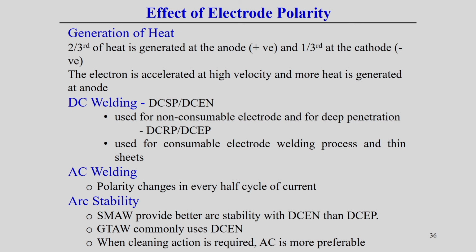So the consumable electrode should be the positive terminal and the workpiece can be the negative terminal, such that the positive terminal has the maximum amount of heat generation. So, metal deposition will be more. From that sense we can say that with a consumable electrode we normally use DCEP polarity, direct current electrode positive polarity, also called direct current reverse polarity.